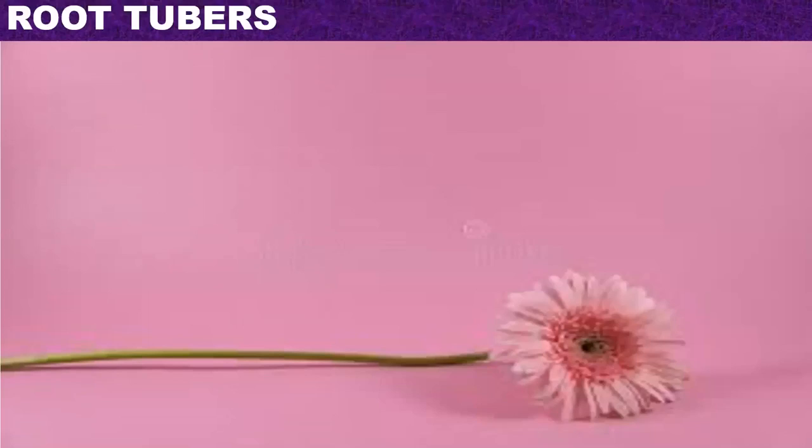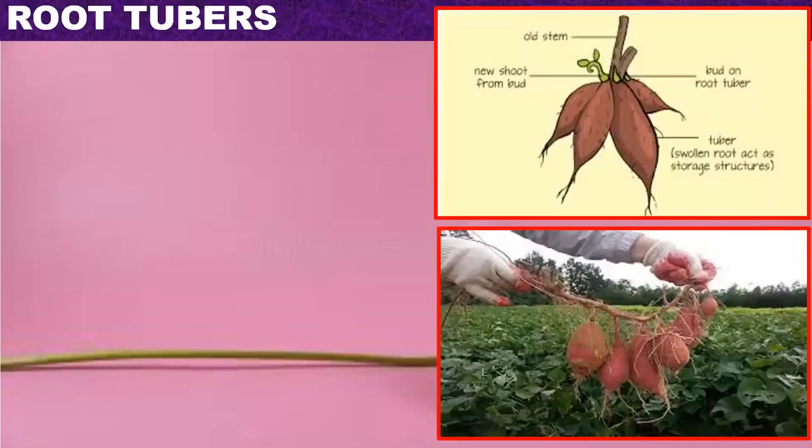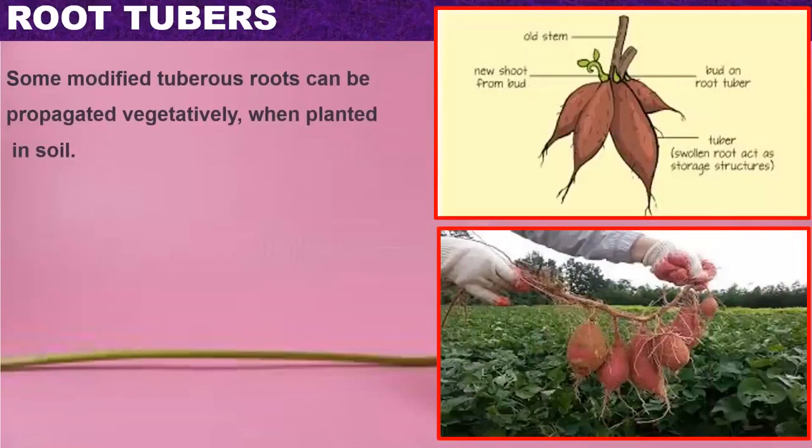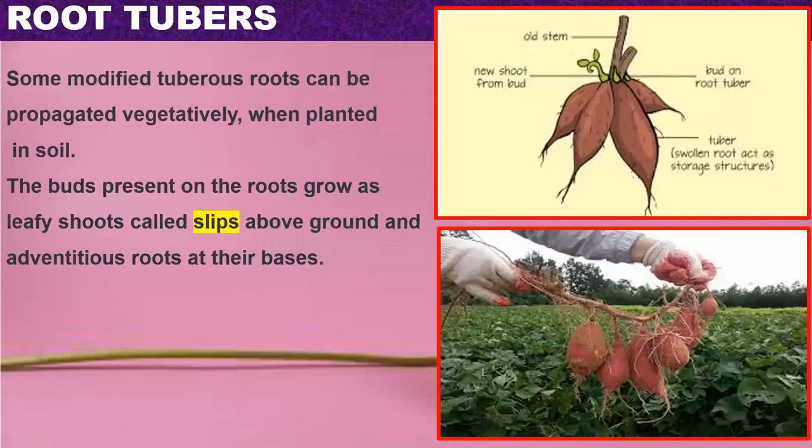Root tubers. Some modified tuberous roots can be propagated vegetatively when planted in soil. The buds present on the roots grow as leafy shoots called slips above ground and adventitious roots at their bases.